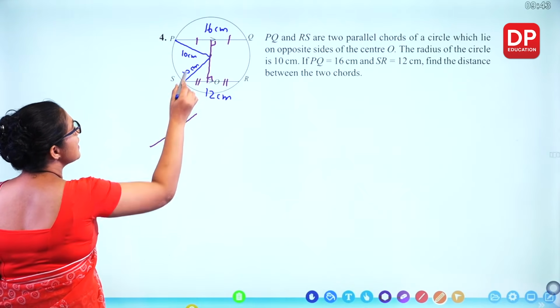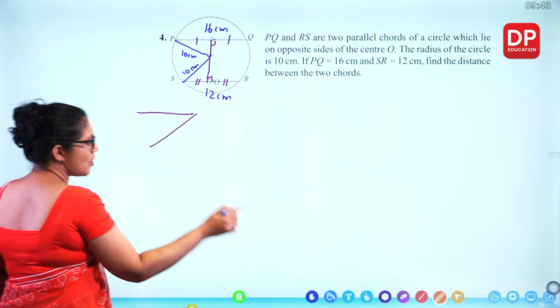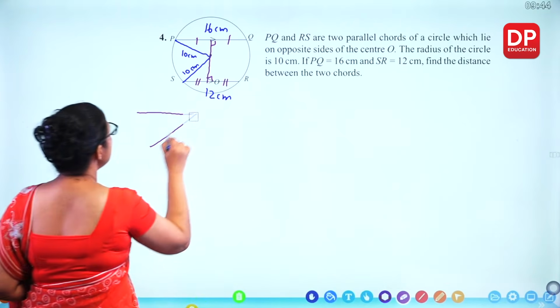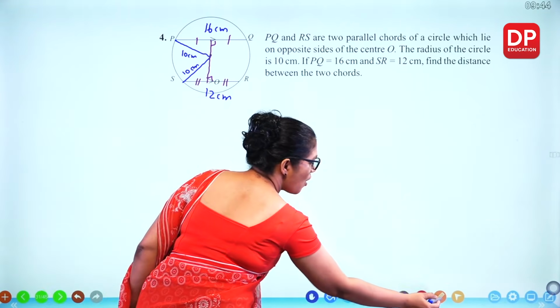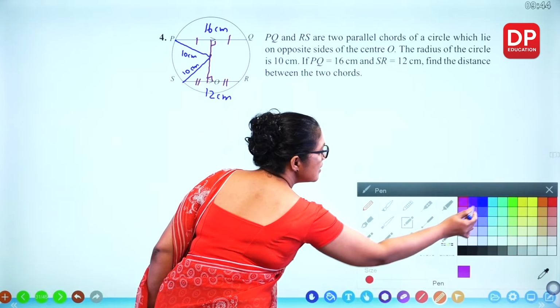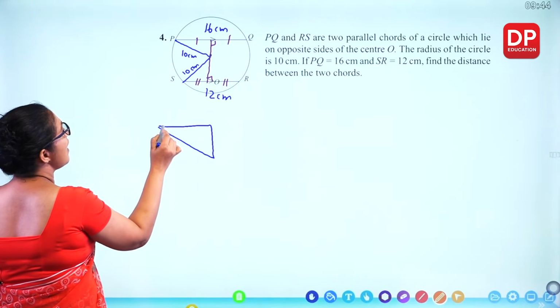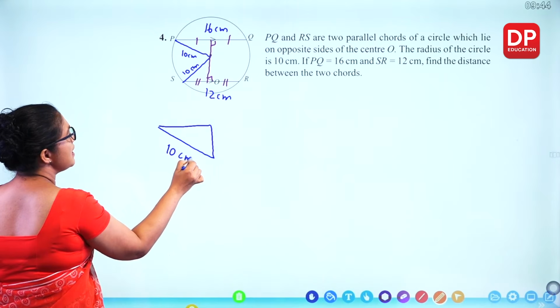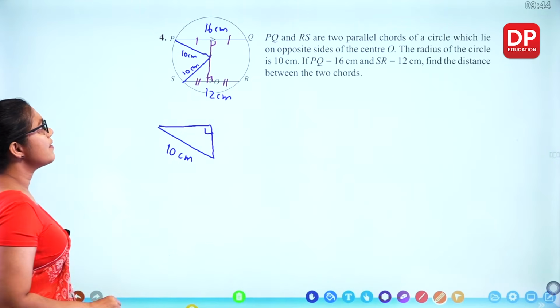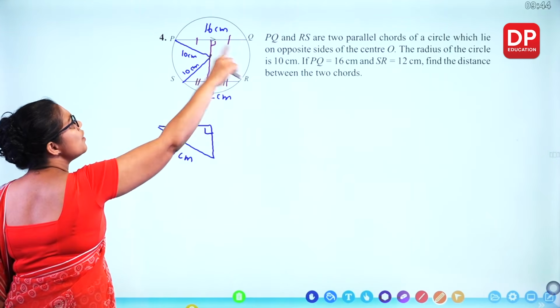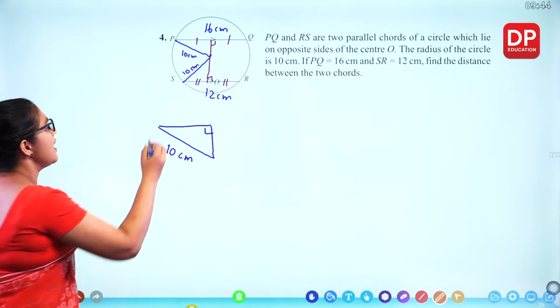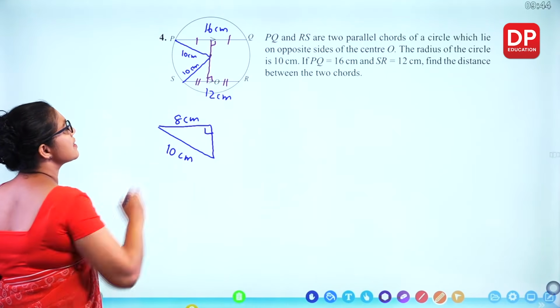So we'll take this triangle, the upper triangle, and find the height. You know this is 10 centimeters and this is 90 degrees. 16 is the full length, half of it is 8 centimeters.